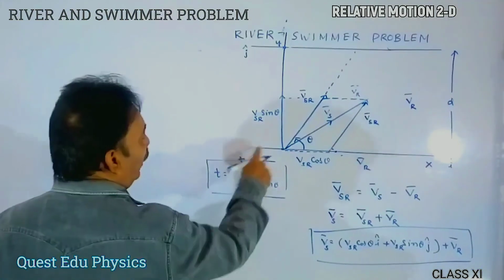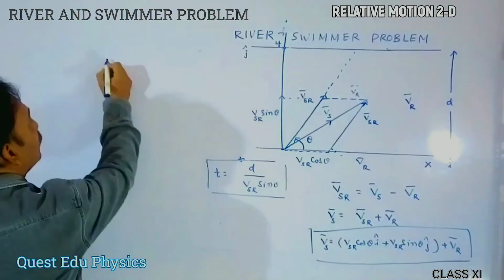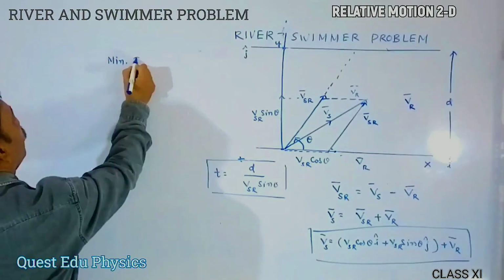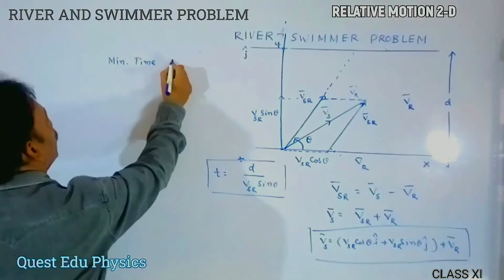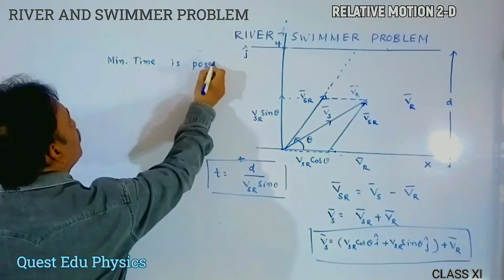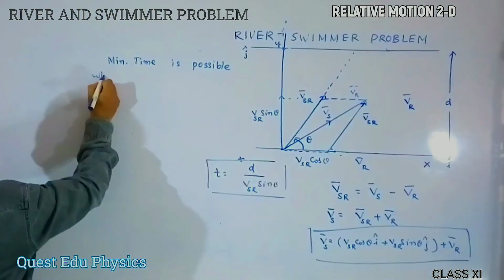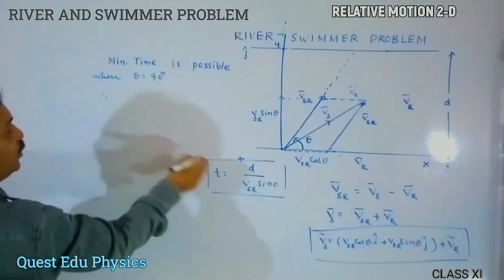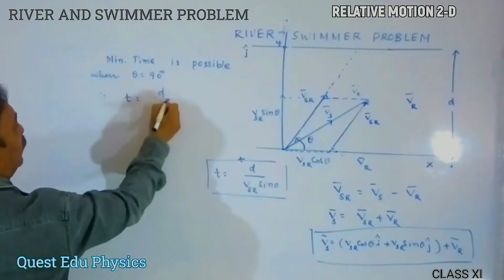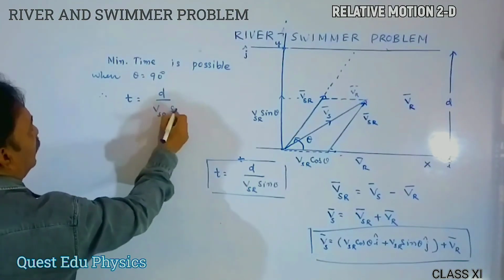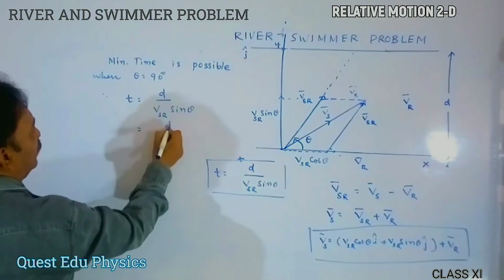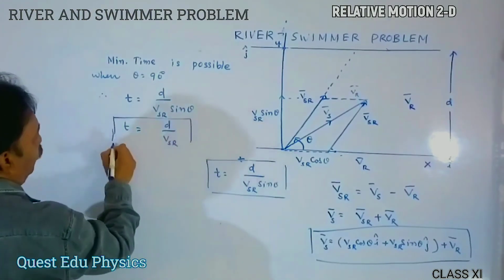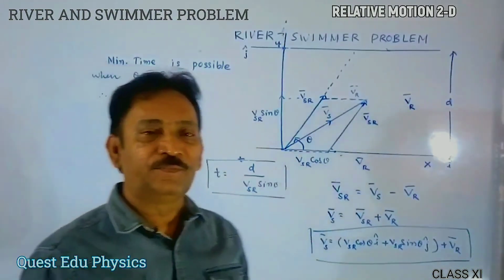Minimum time means what? Minimum time is possible when theta is 90 degrees. Therefore, this equation can be rewritten as T is equal to D by VSR sin 90, that is D by VSR. Okay, students. It is the needed equation.